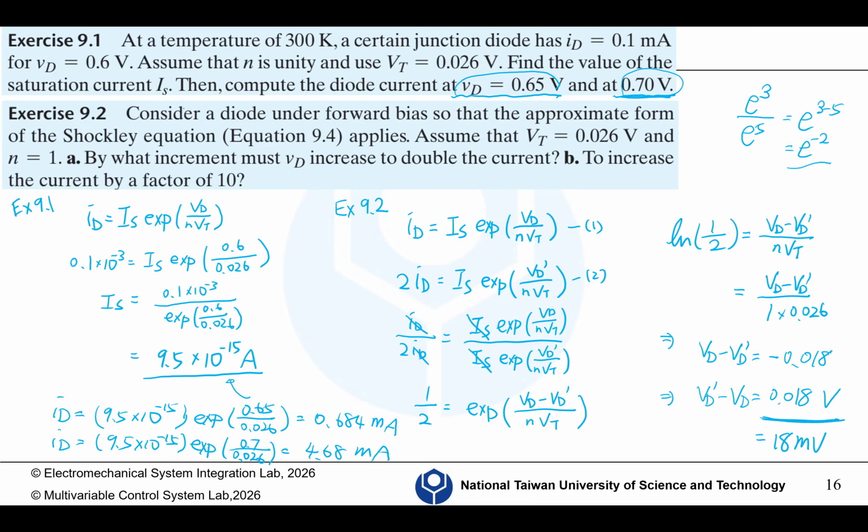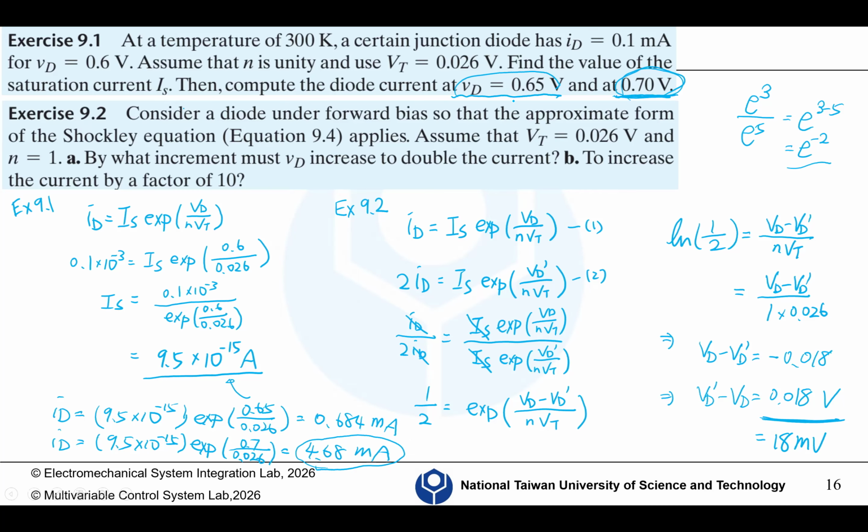So we know that this knee voltage is around 0.7 volt. So when the voltage applied to this diode is larger than this knee voltage, the current starts increasing. But if the voltage is lower than this knee voltage, or we call it threshold voltage, the current is very small.